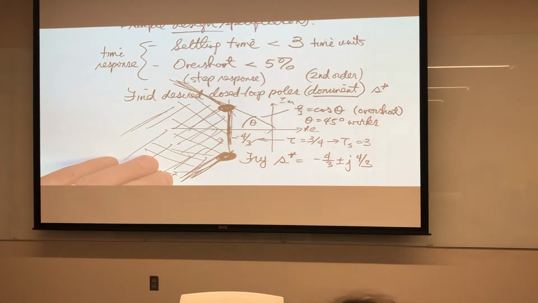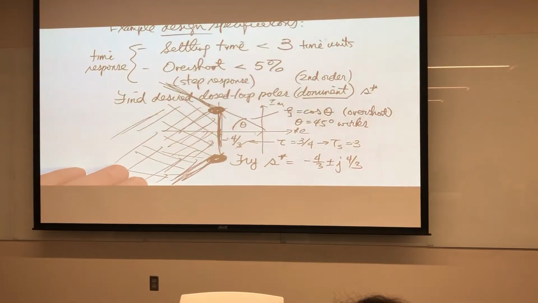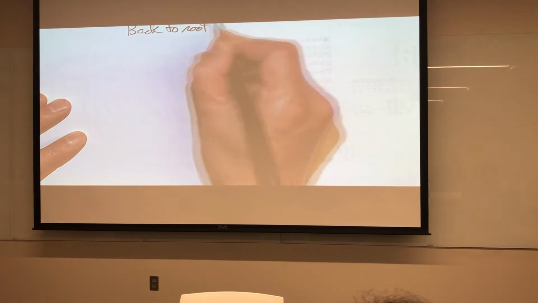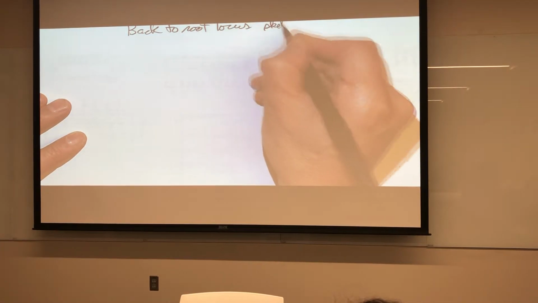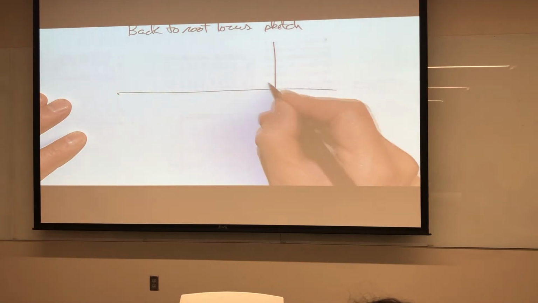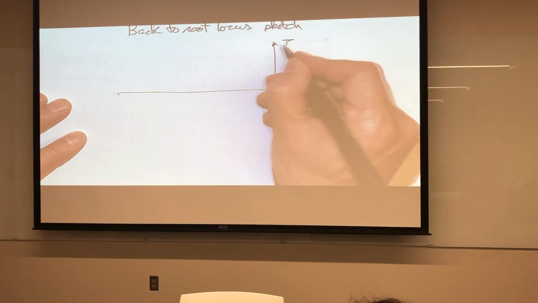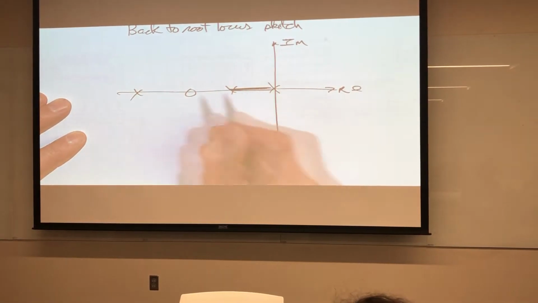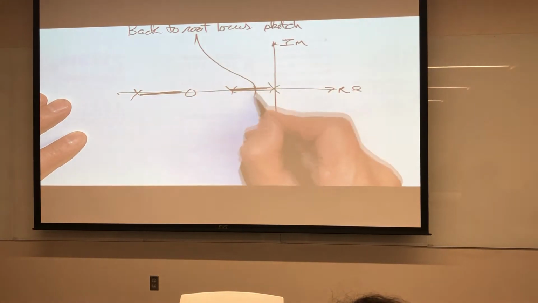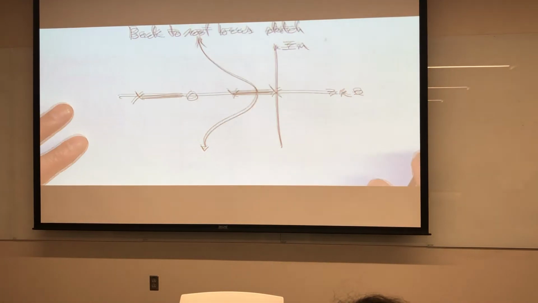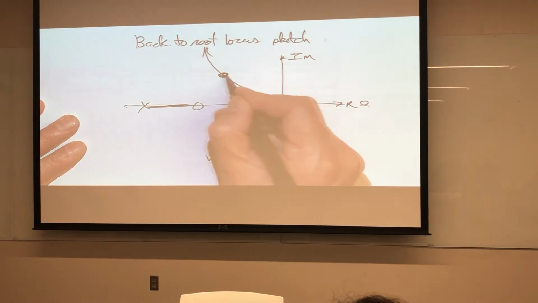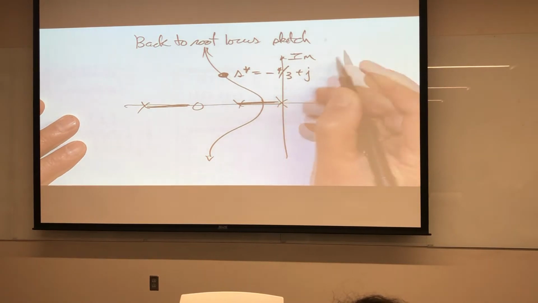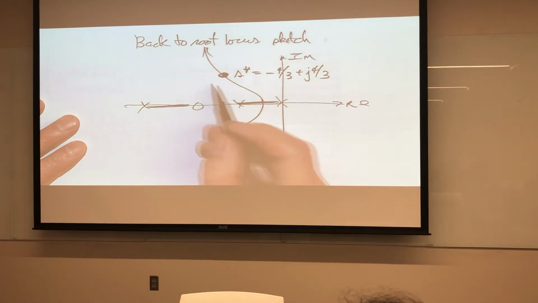So in other words, let's go back to our root locus sketch. This is real, imaginary. What we're saying is we would like this point, S star, equal to minus 4/3 plus or minus j 4/3, to be on the root locus.